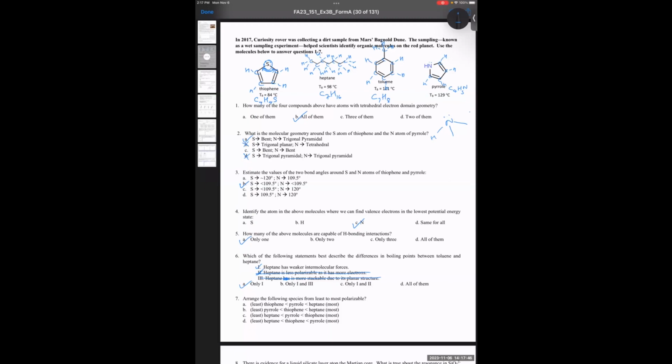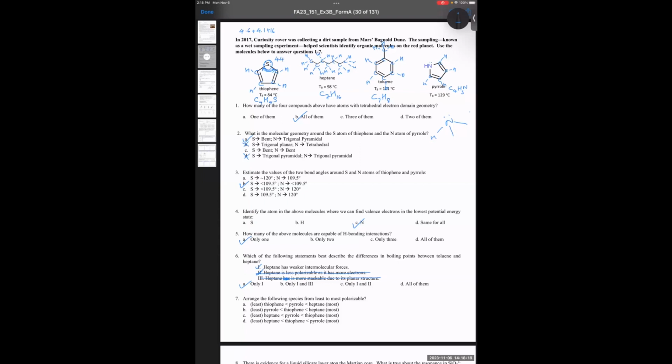Each carbon gives us 6 electrons, so 4 times 6 plus 4 times 1 from the 4 hydrogens, and then sulfur, the atomic number is 16, therefore it brings 16 electrons. So altogether we have 24, 28, 44 electrons over here.